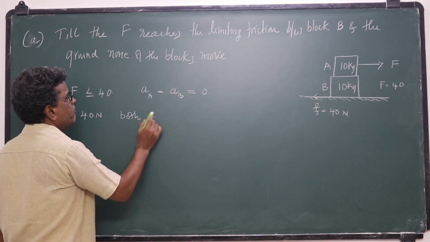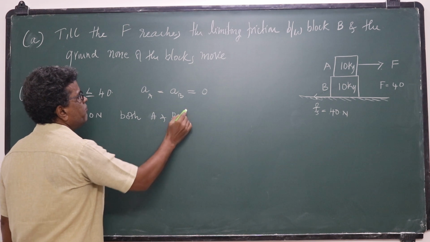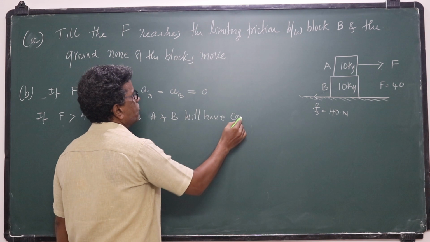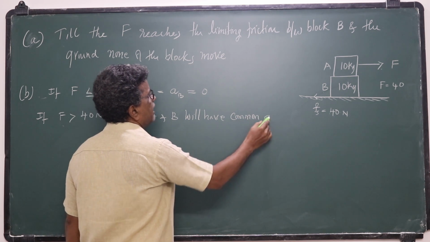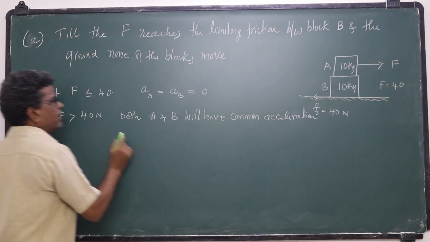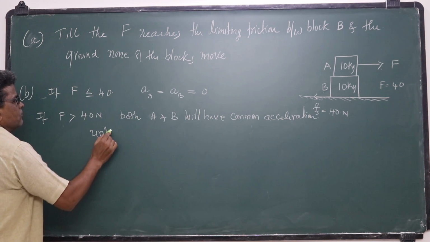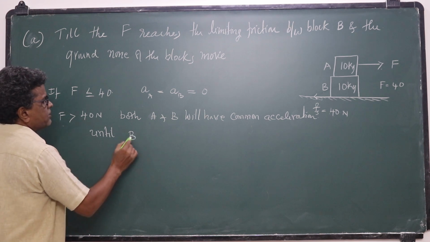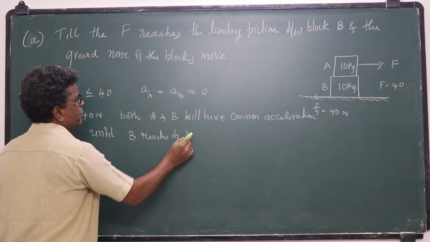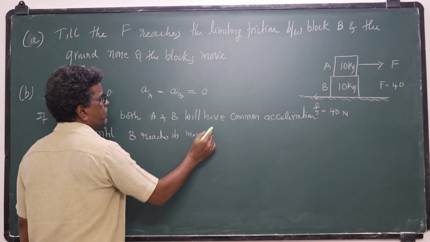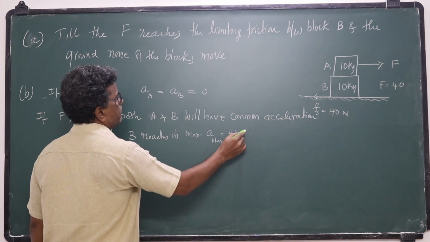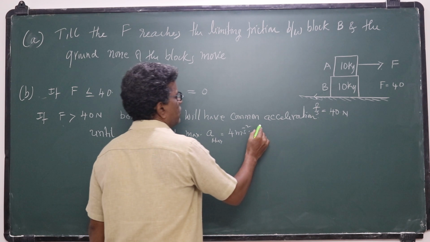So when F is greater than or equal to 40, both A and B will have a common acceleration until B reaches its maximum acceleration, 4 meters per second squared.